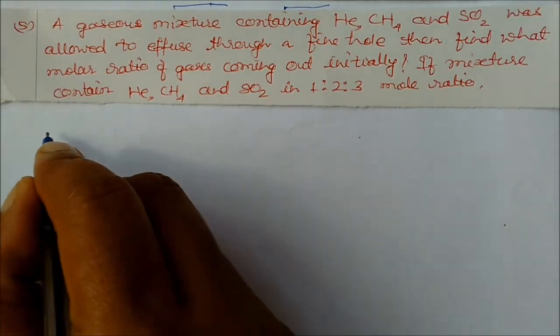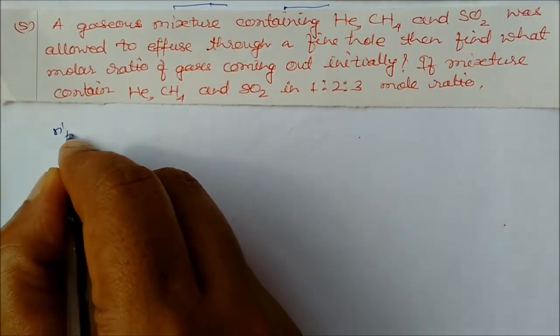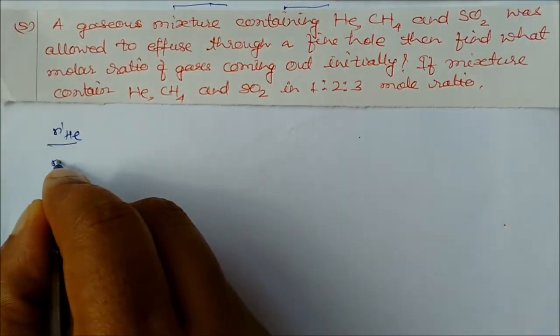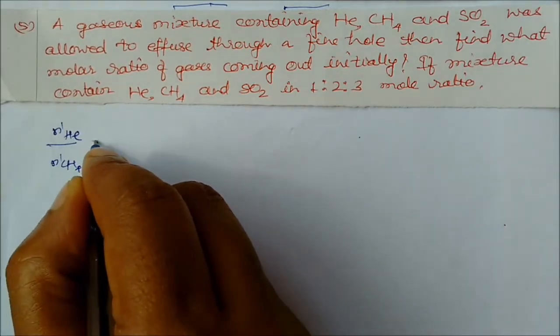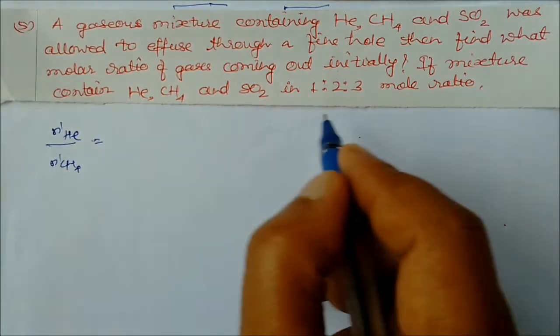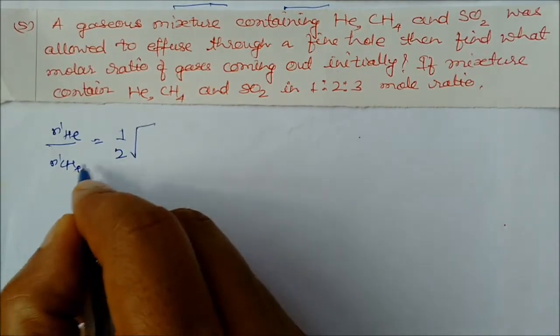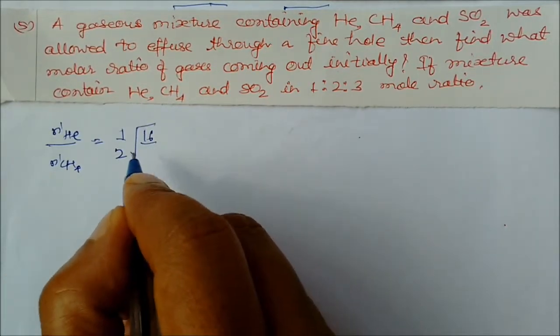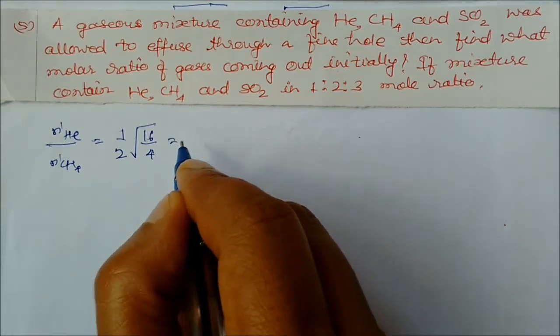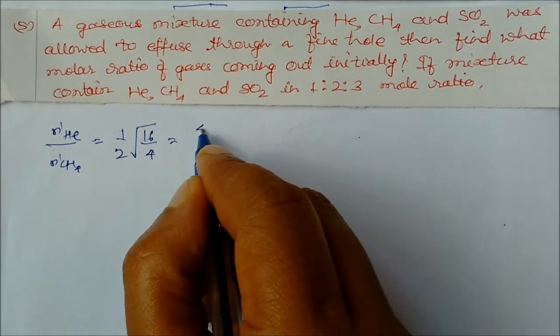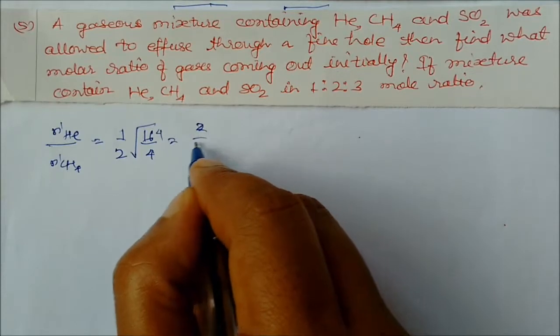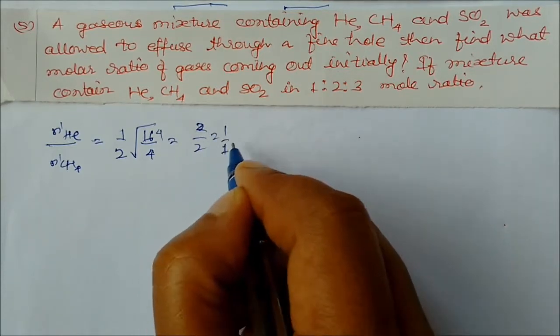So we take moles of helium divided by moles of methane, the ratio 1:2 is given, so 1/2 times the square root of the molar mass of methane over that of helium, which is 4. So we get a 1:1 ratio.